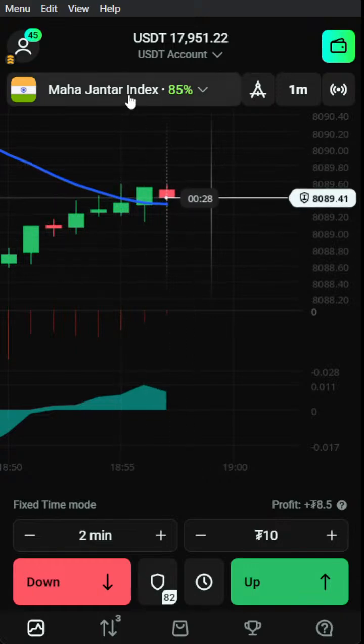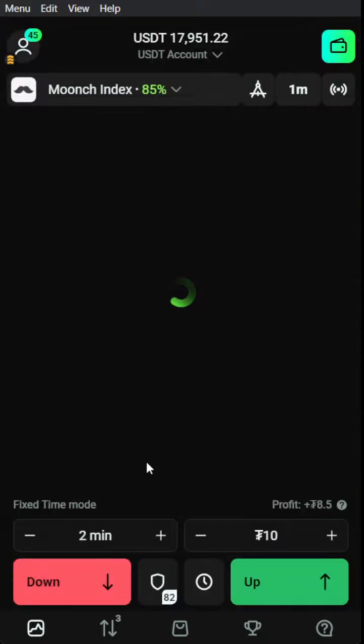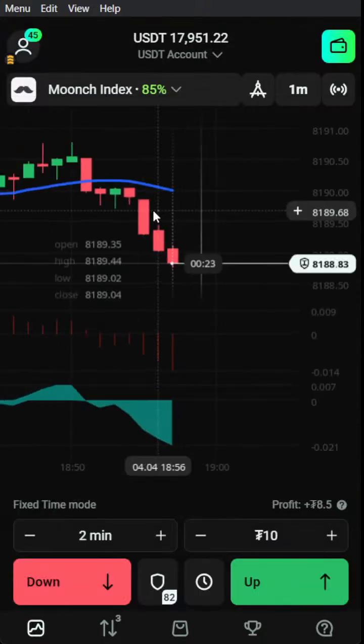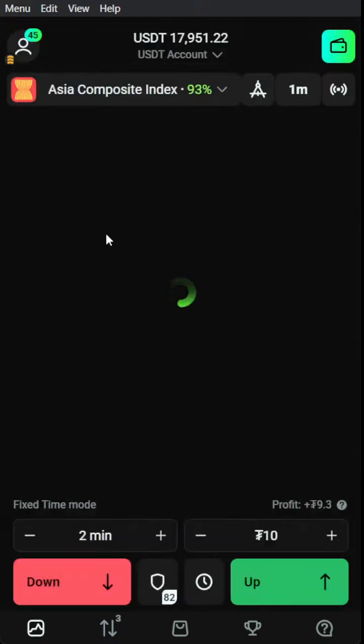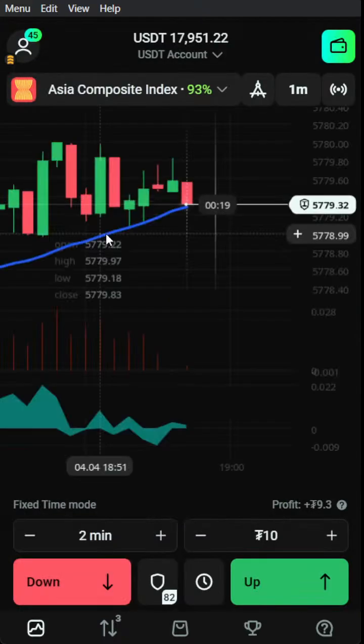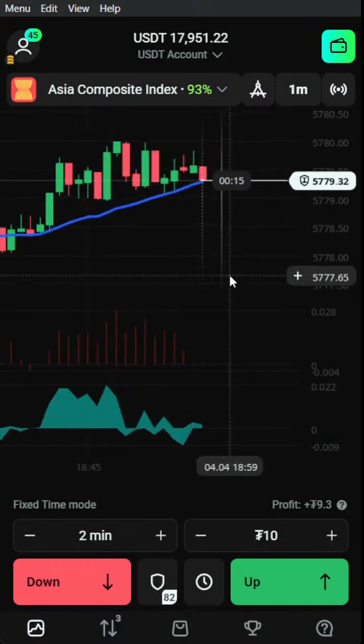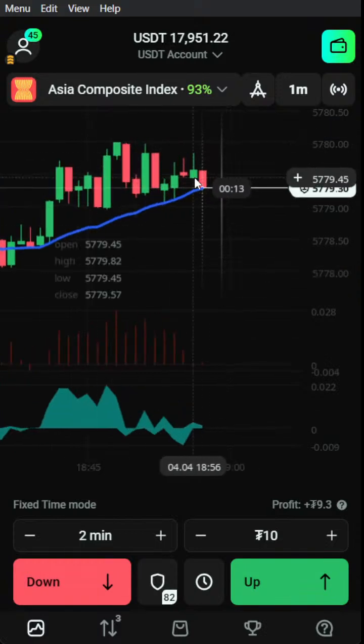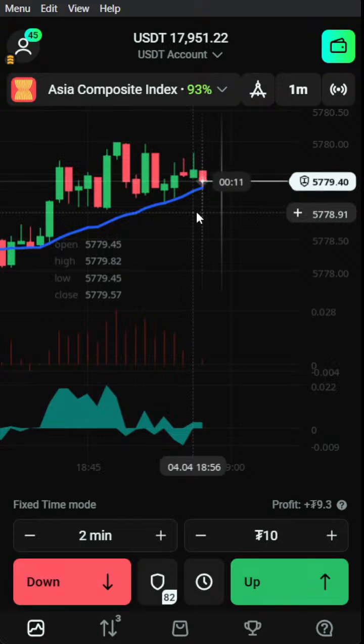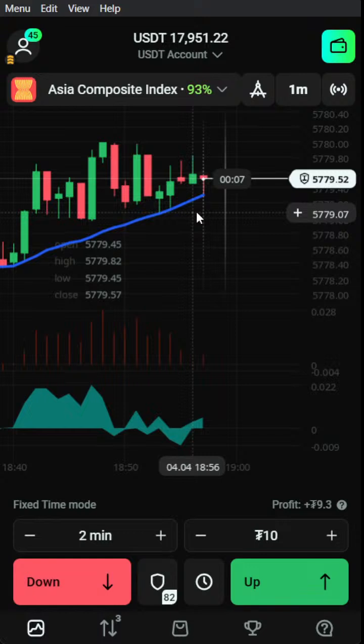Alright, so can anyone keep an eye on Mahajantar while I just check other assets and come back? So yes, we could have made one more trade in Moonch Index, but that's fine guys. Something is better than nothing, right? So in Asia Composite also we see a downtrend coming up. The crossovers are happening, the graph is changing, so hopefully they would come soon.